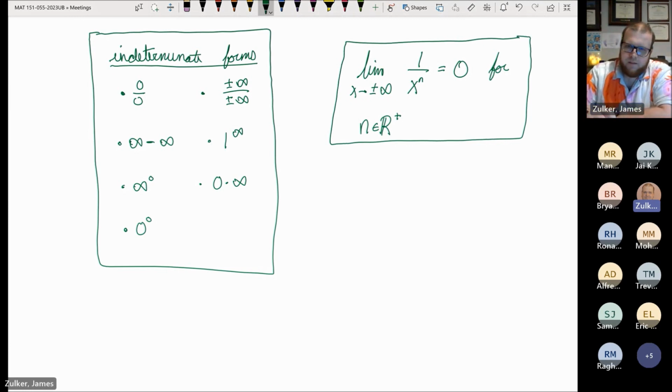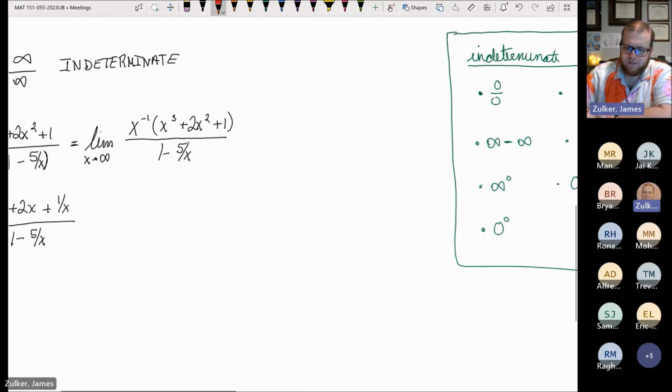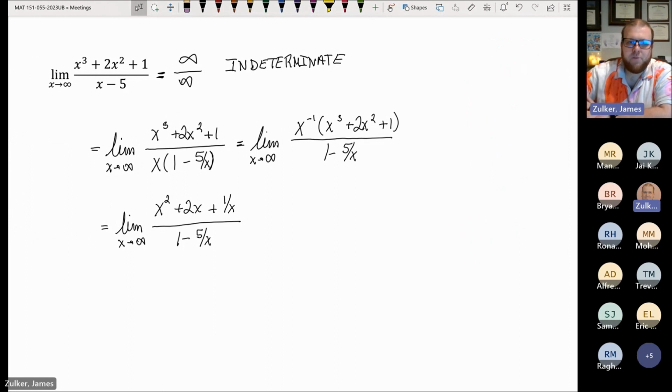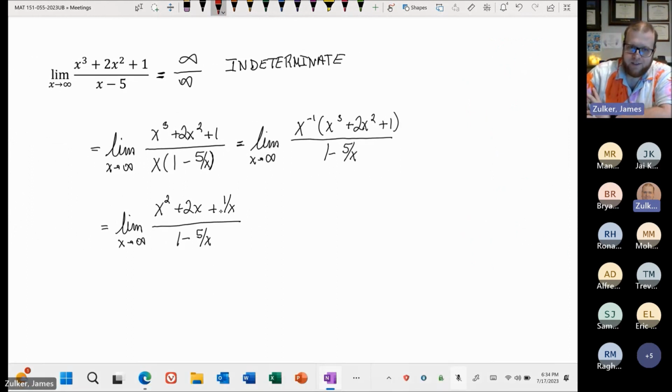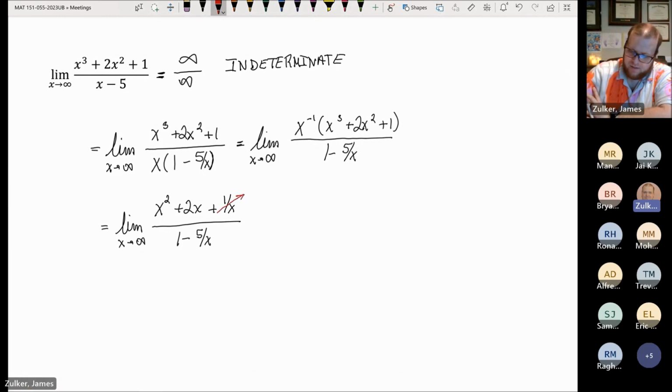What that, of course, means is if we look back over here, this 1 over x goes to 0. This 5 over x also goes to 0.